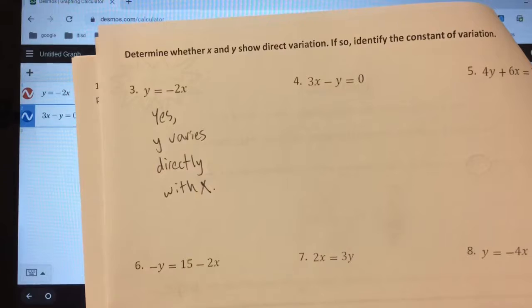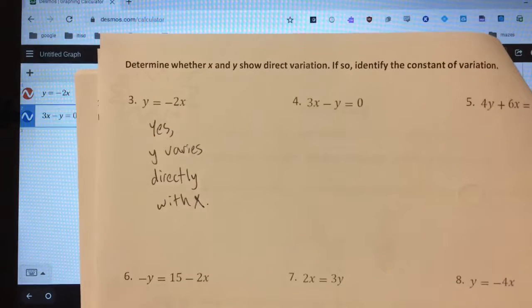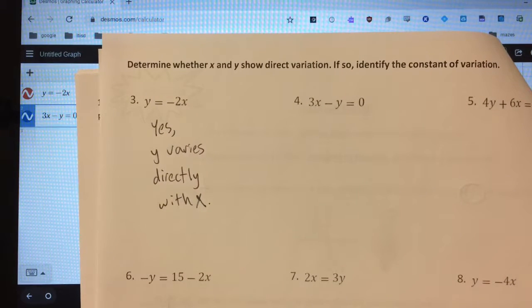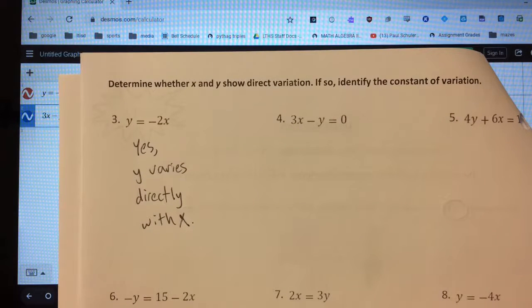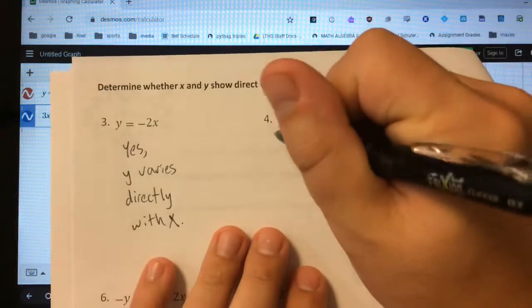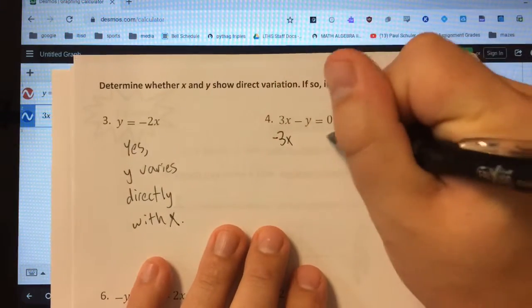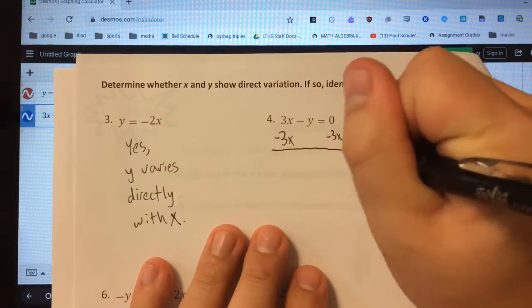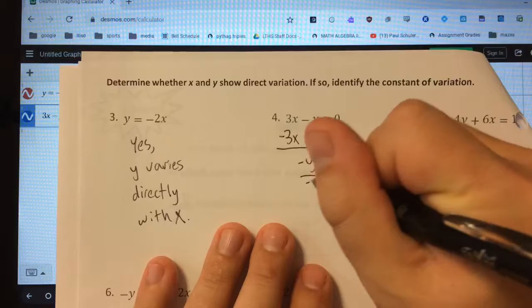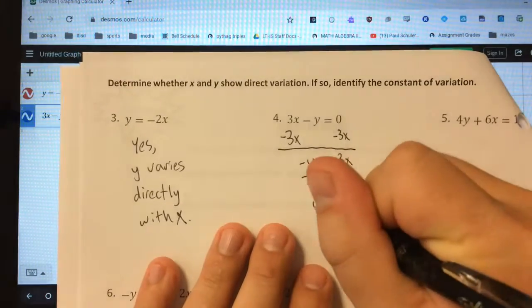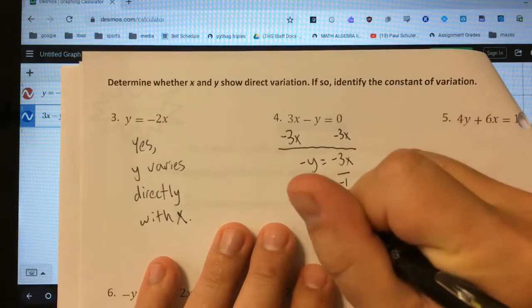Now we can show this algebraically. If we want to show that we can write this in that direct variation form, that y equals mx form, we can. Here's how you would do it. You subtract 3x from both sides. That would give me negative y equals negative 3x. And then divide both sides by negative 1 would give you y equals 3x.